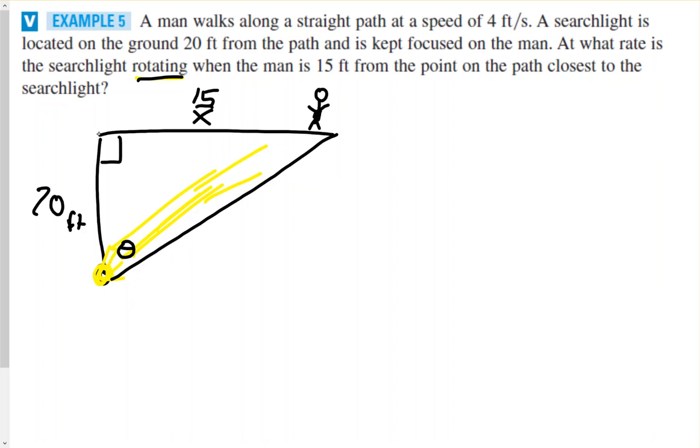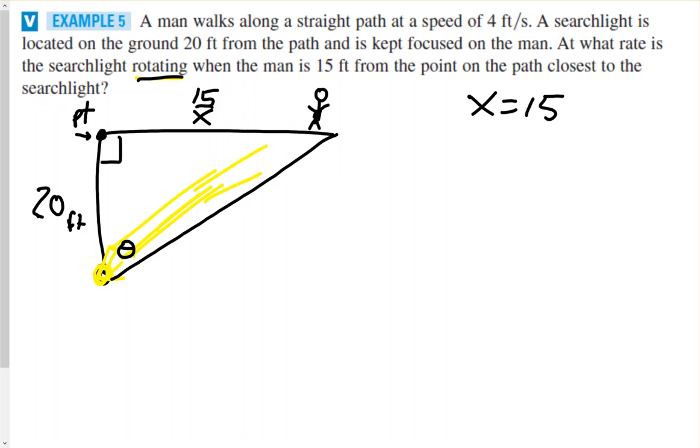This is the path, and this is the point on the path closest to the searchlight. So we know that X is 15. This is 20.